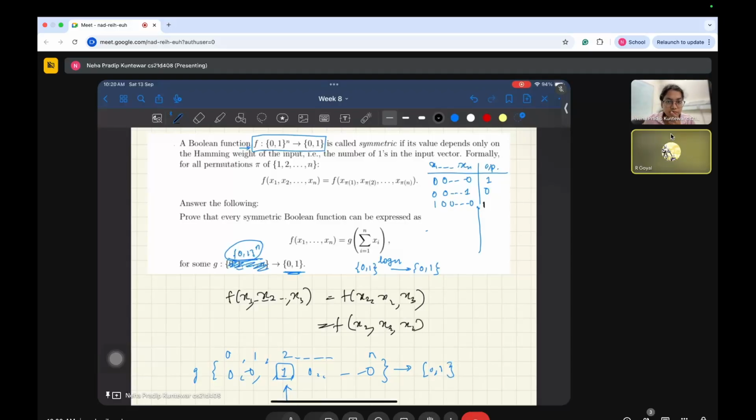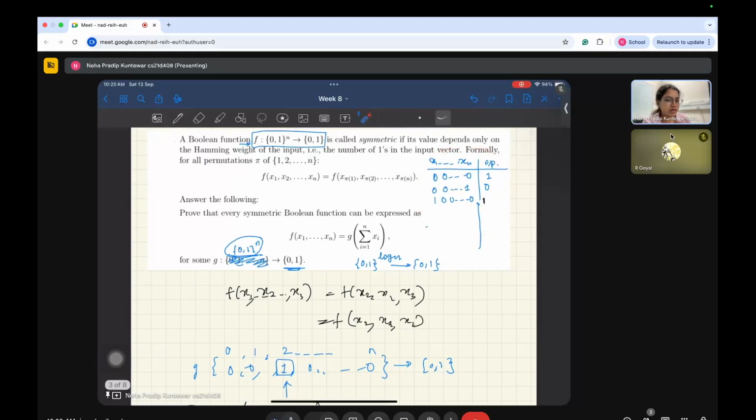One thing we know is that if you give me a function in the form of a truth table, for example, or any representation, then you can always come up with a circuit for it. That is something we know, right? Yes.